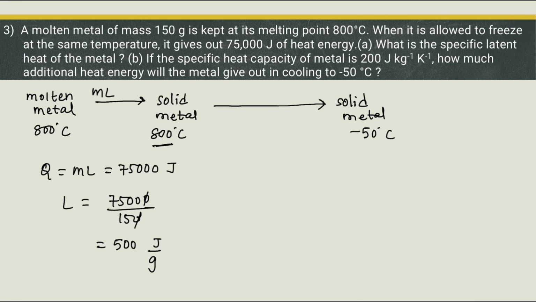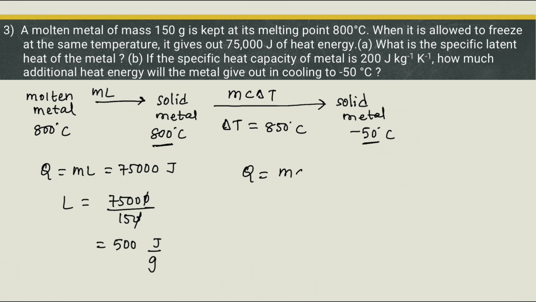What is delta T? It is not 750. Delta T is 850. First 800 to 0 and then 0 to minus 50. So total temperature change is 850 degree Celsius. Be careful here. So heat energy given out for that process is mc delta T.